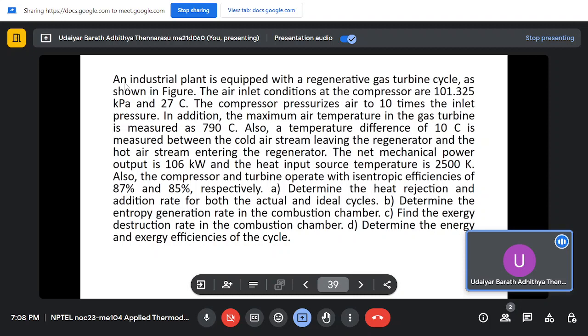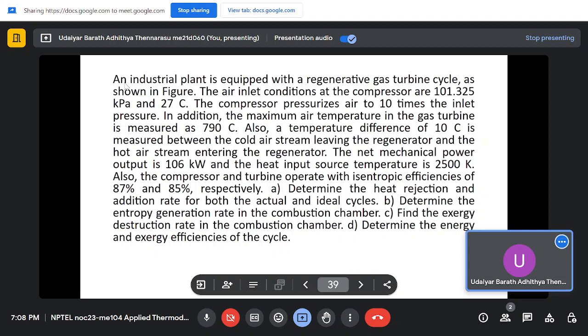The maximum air temperature in the gas turbine is 790 degrees Celsius. A temperature difference of 10 degrees Celsius is measured between the cold air stream leaving the regenerator and the hot air stream entering the regenerator. The net mechanical power output is 106 kilowatt and the heat input source temperature is 2500 Kelvin.